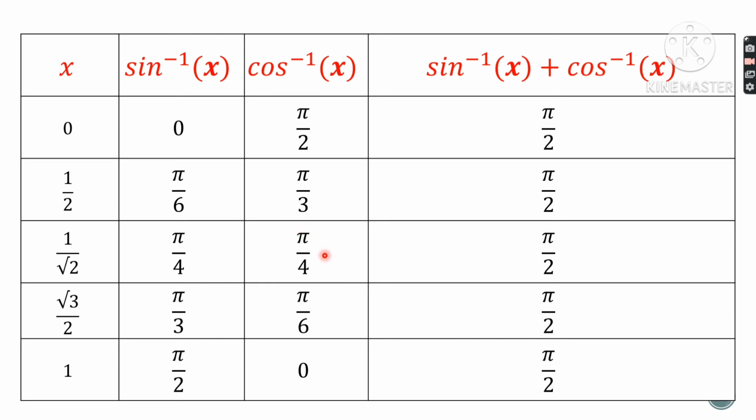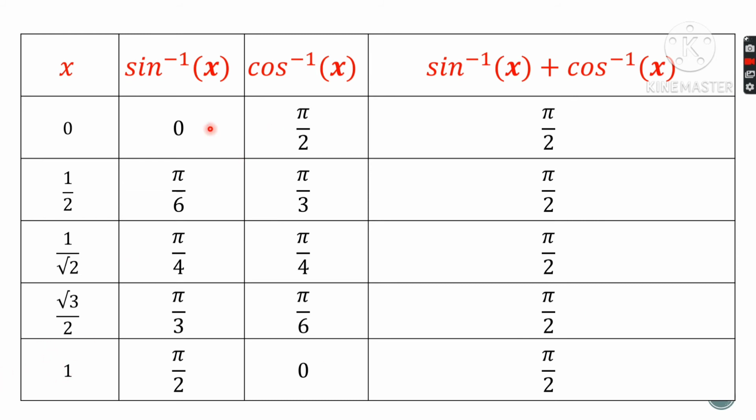Cos inverse of 1 by root 2 is again pi by 4, and pi by 4 plus pi by 4 gives us pi by 2. Next value for x is root 3 by 2. So we get sin inverse root 3 by 2 as pi by 3. Cos inverse root 3 by 2 is pi by 6, and the sum of this is equal to pi by 2.